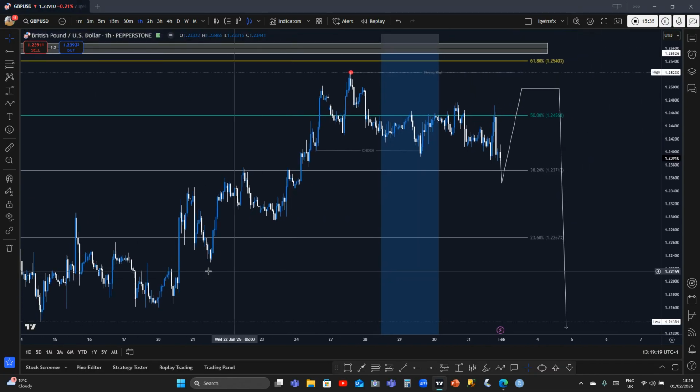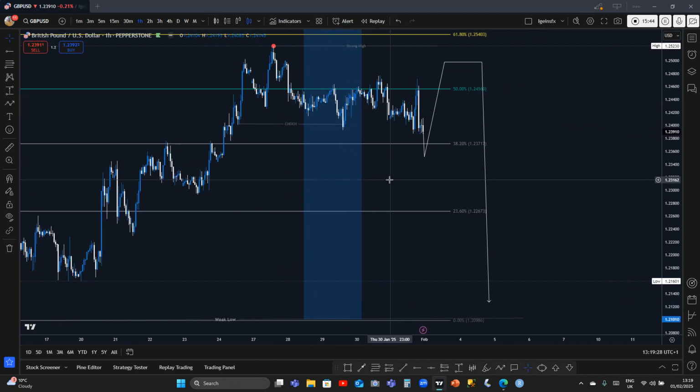Now that this relief moment has ended and it has given us a change of character, what we should be expecting is for price action to continue to break structure to the downside.